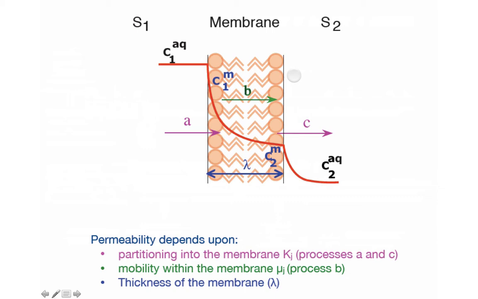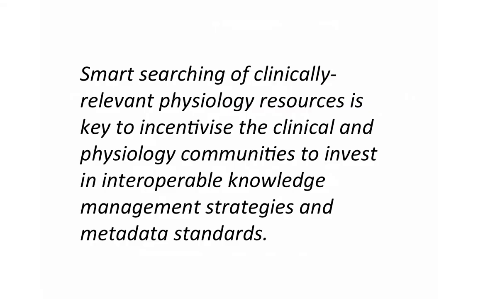Without an independent knowledge scaffold that relates these diverse datasets to permeability measurements, it is very difficult to automate the smart searching of physiology resources relevant to this clinical goal. And the provision of automated smart searching of clinically relevant physiology resources is key to incentivize the clinical and physiology communities to invest in interoperable knowledge management strategies and metadata standards.